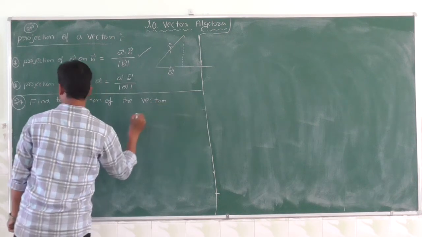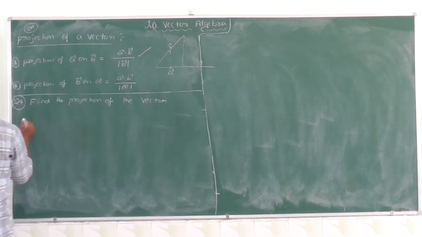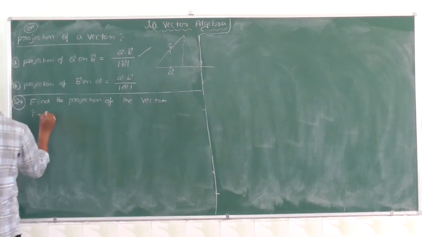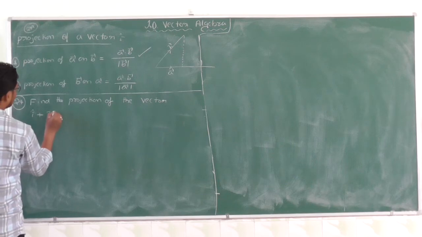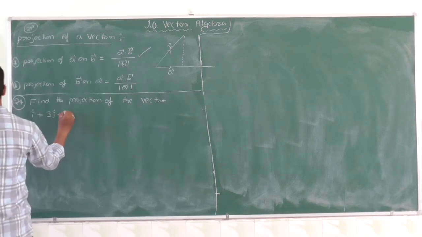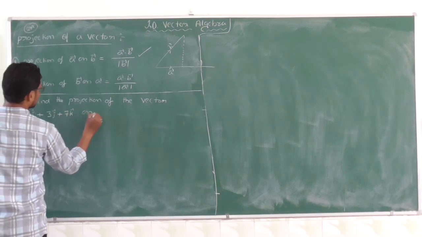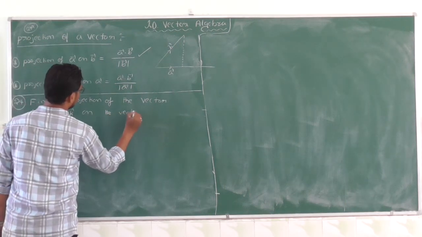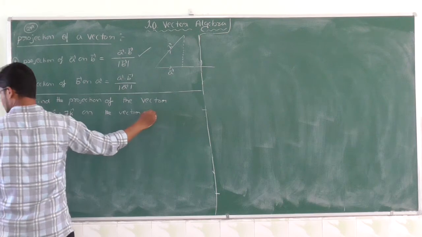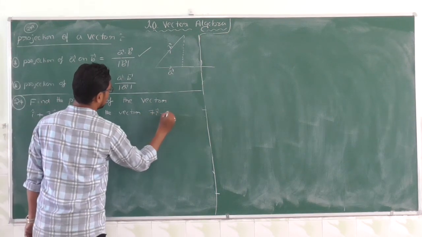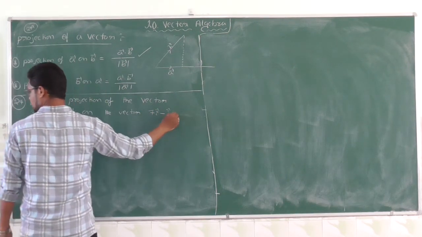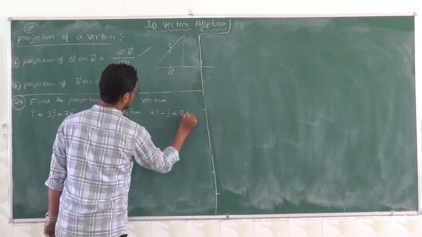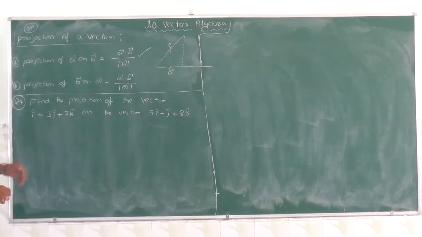Find the projection of the vector i cap plus 3j cap plus 7k cap on the vector 7i minus j plus 8k. Here we have to find the projection of this vector on this vector.